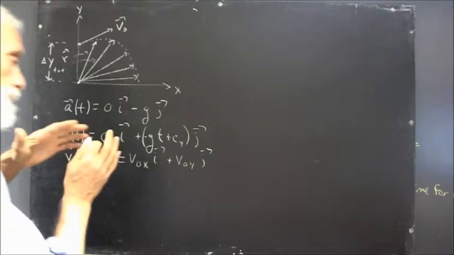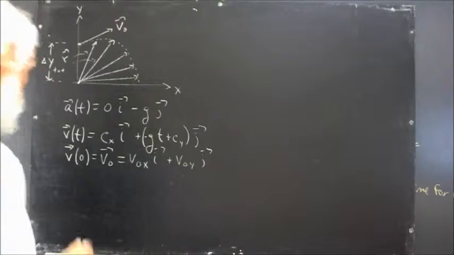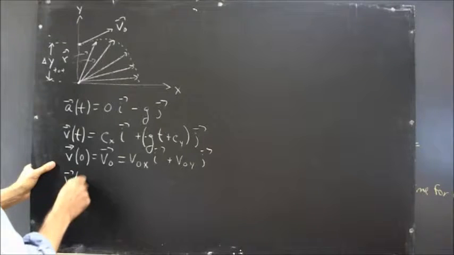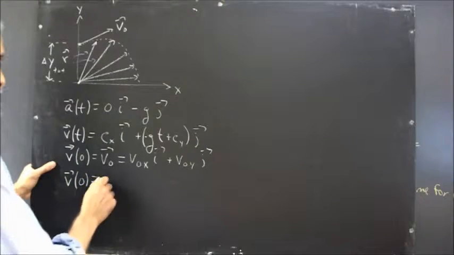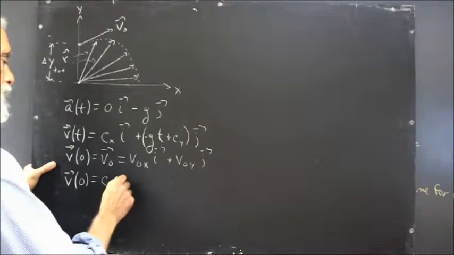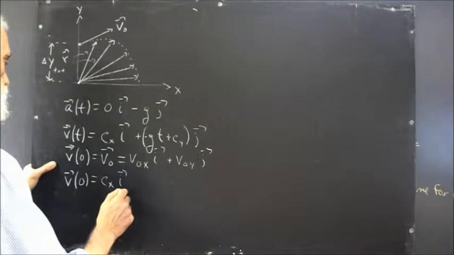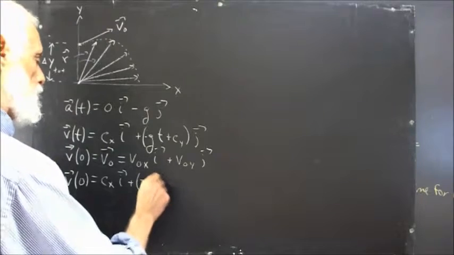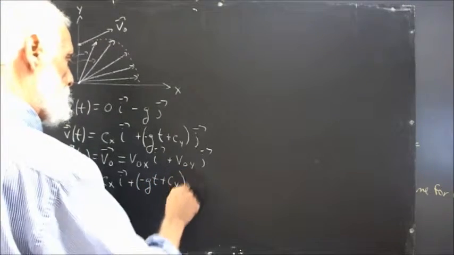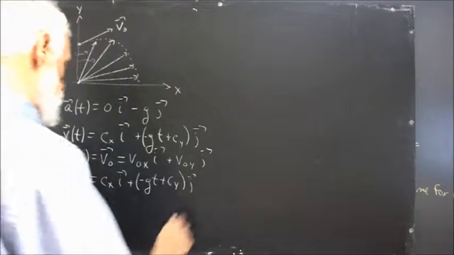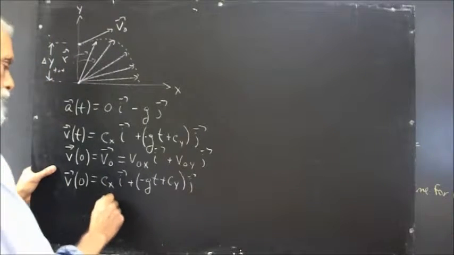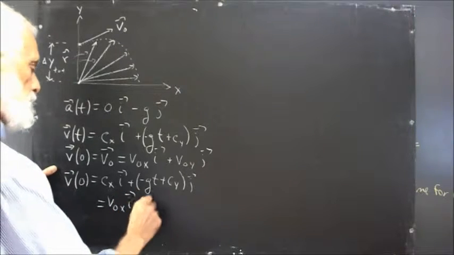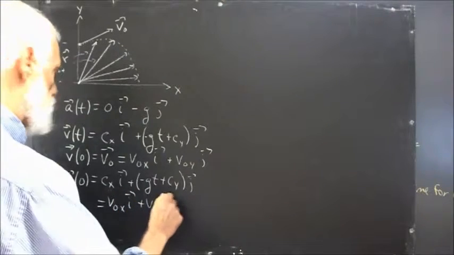If we use this condition with our velocity function, our v of 0 has to be cx times i plus negative gt plus cy times j, and that has to equal v0x times i plus v0y times j.